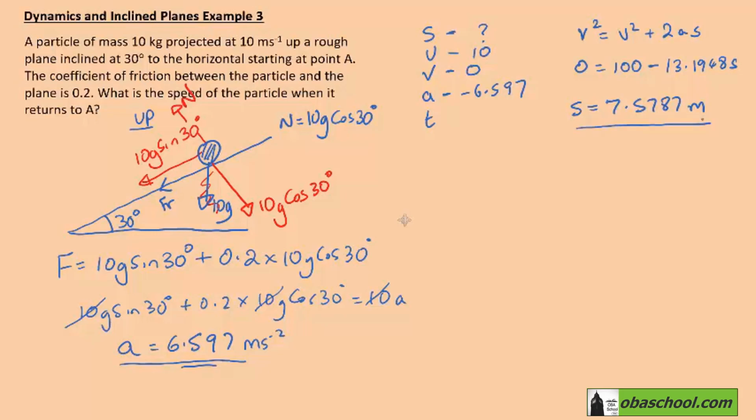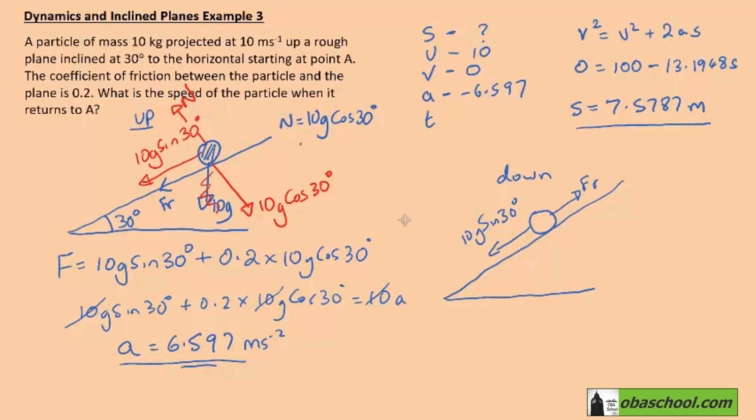Now, think about on the way down. If we just do a quick down diagram, I won't put everything onto this diagram though. All that's going to happen is the 10g sine 30 would act this way, but now the friction would go that way.